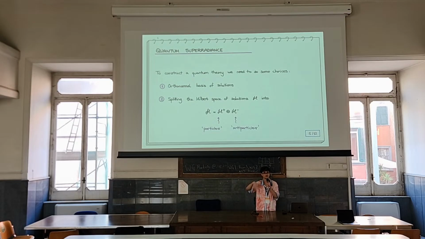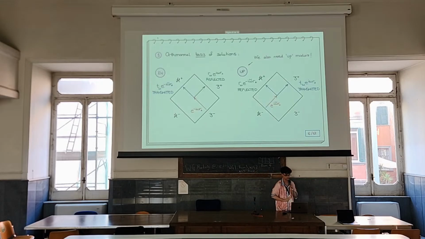And second of all, which sometimes is made implicitly in the literature, splitting the Hilbert space of solutions into one part of the solutions which are going to become our one particle Hilbert space, and the other part of solutions which are going to be related with the antiparticle sector. Okay, so this second step is what we are going to do right now.